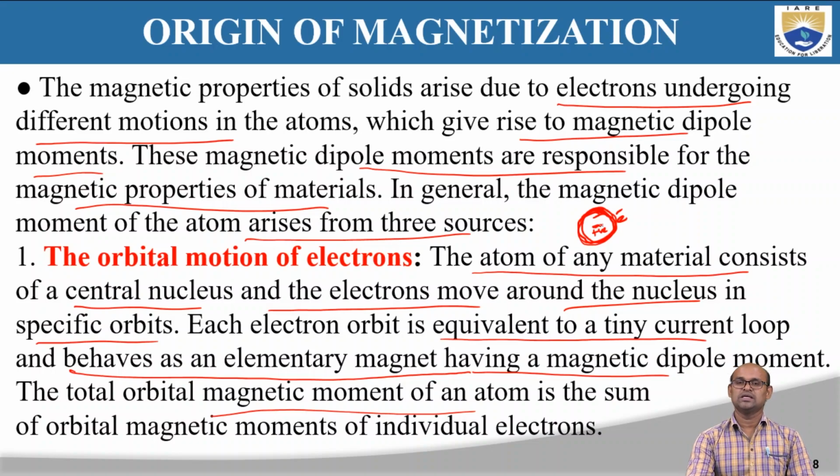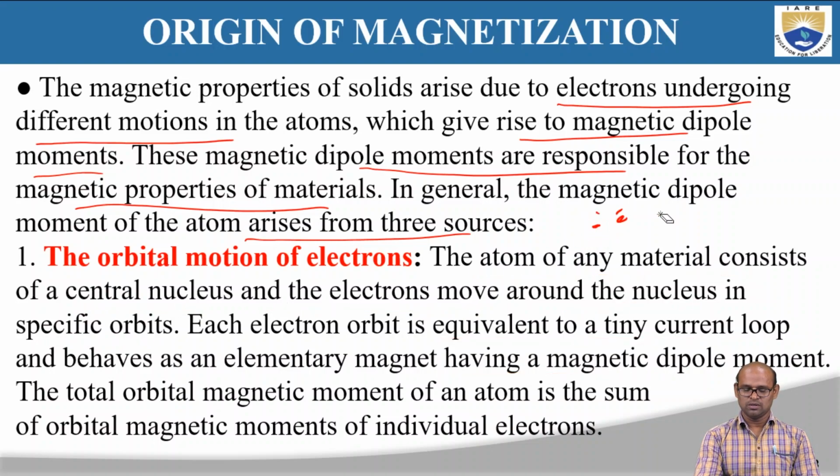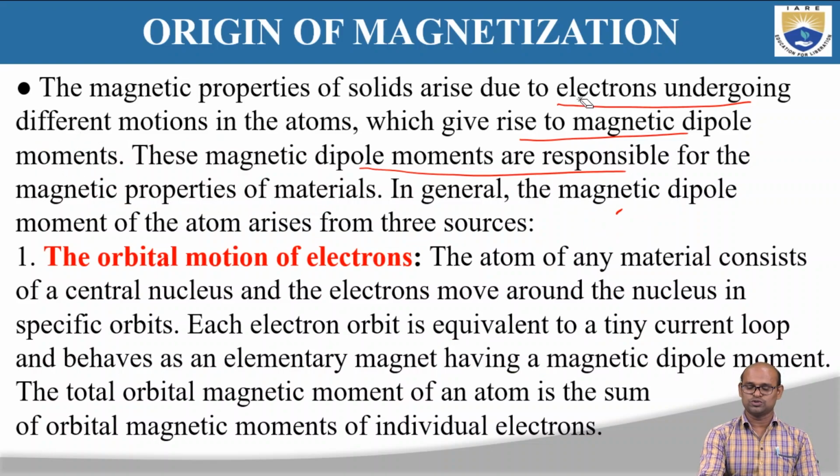Each orbital is like a tiny current loop, and we have already studied that a current-carrying conductor generates magnetic flux lines, so this loop acts as an elementary magnet with some magnetic dipole moment. The total magnetic moment of an atom is the sum of all the orbital magnetic moments of individual electrons.